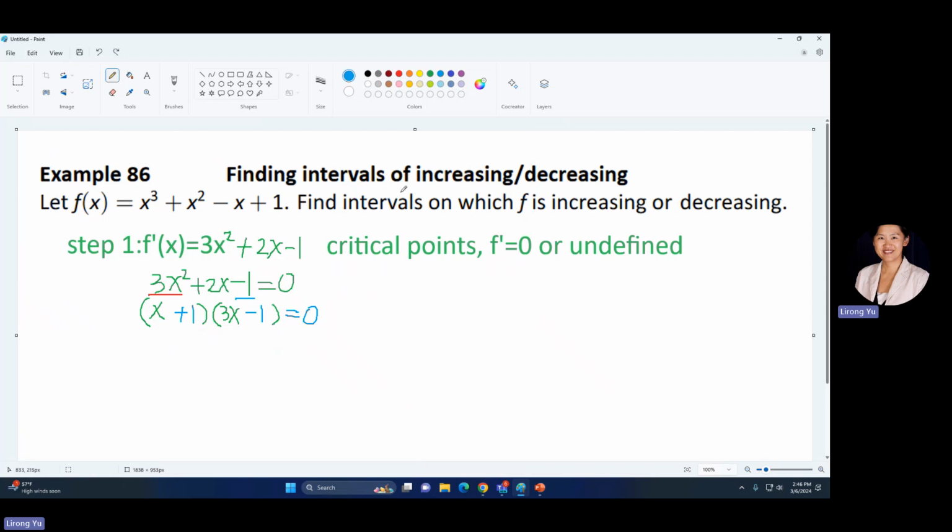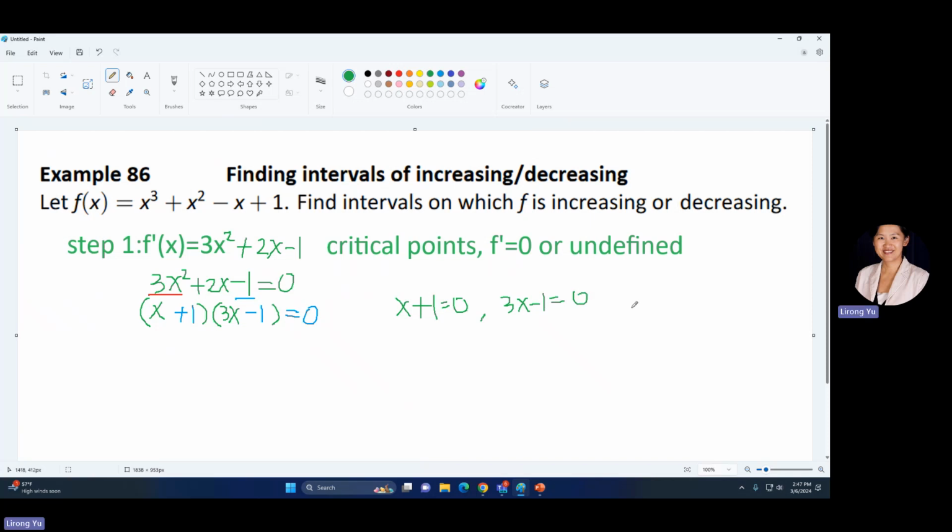So now we get the factors. We have x plus 1 equal to 0 as one possibility for the product to be 0. This is a multiplication equal to 0, so one of the factors equals 0. The other factor is 3x minus 1 equals 0.